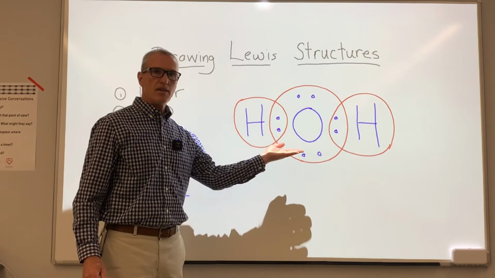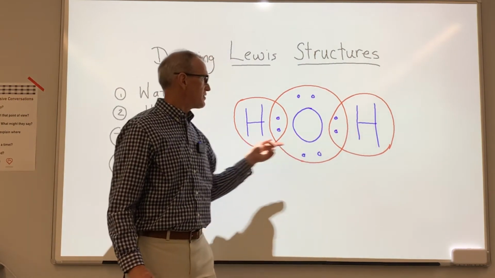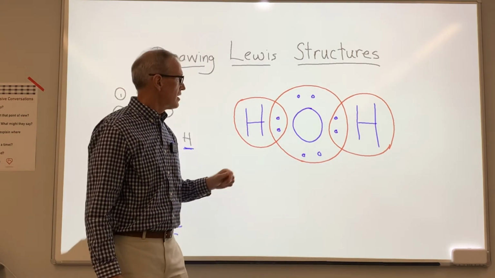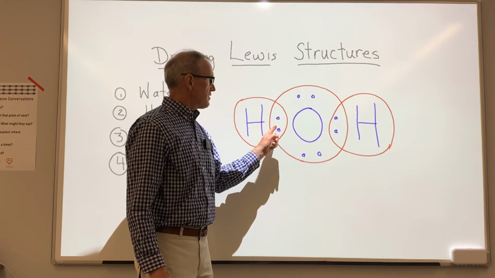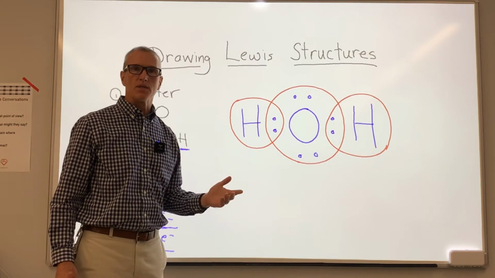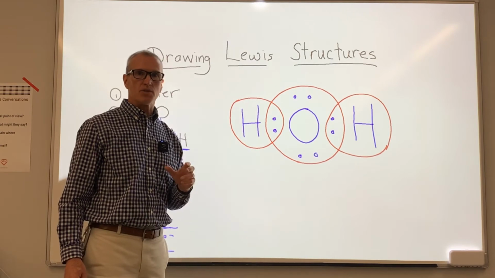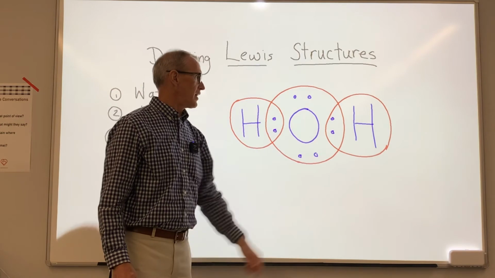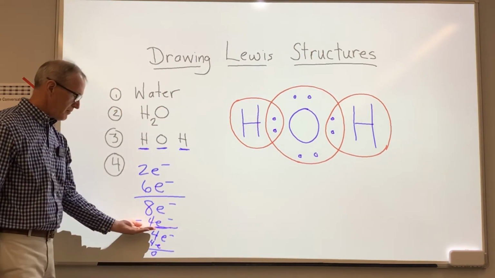Then we take the arrangement of the atoms, the two hydrogens on the outside with oxygen as the central atom, and we distribute first a pair between the atoms to represent what we know is the case, that these atoms are sharing at least a pair of electrons. So 2 there and 2 there. That left us with 4.